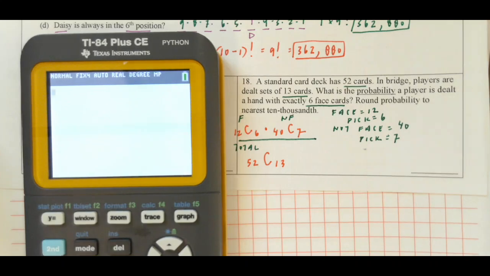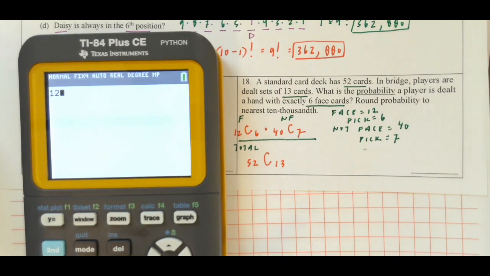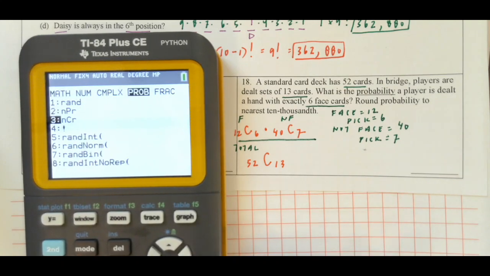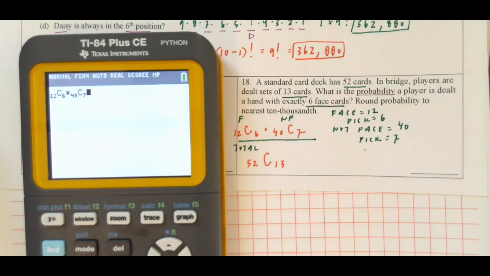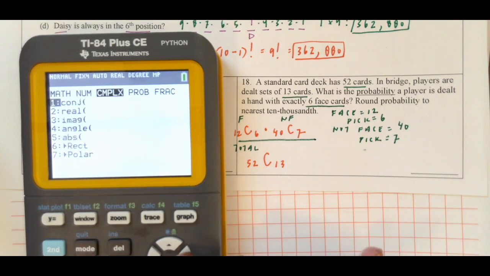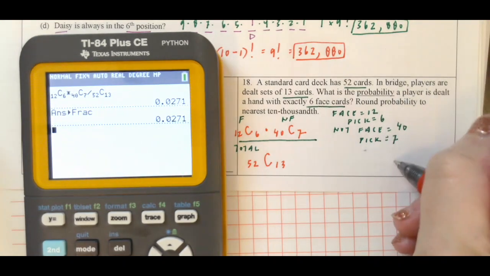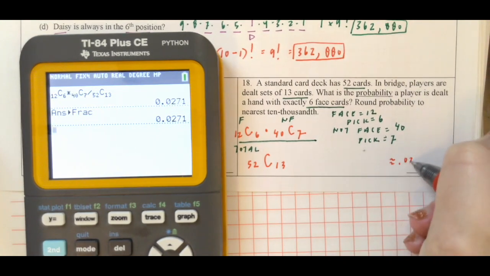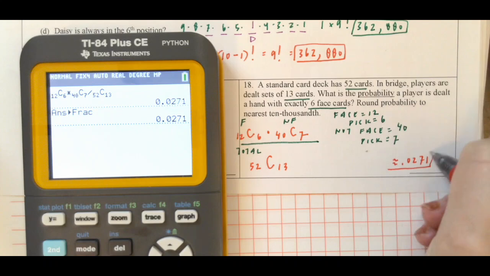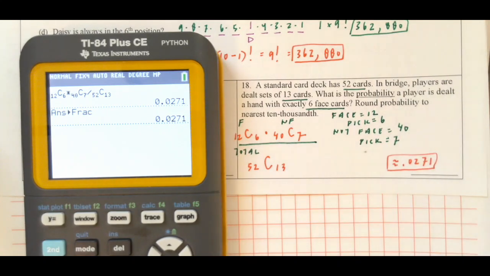All right, we type it in. Okay, there's the decimal. Try to make it a fraction, not going. So I'll take it to 4 spots, 0.0271. All right, have a good rest of your day.